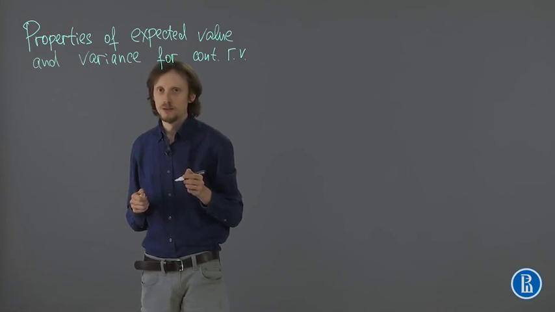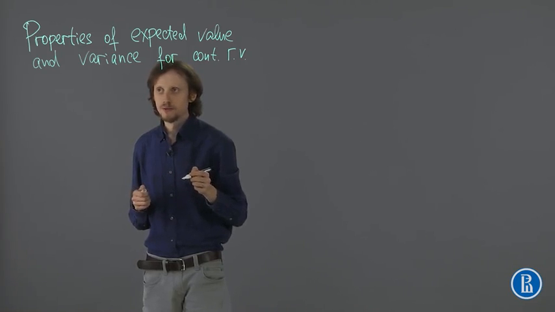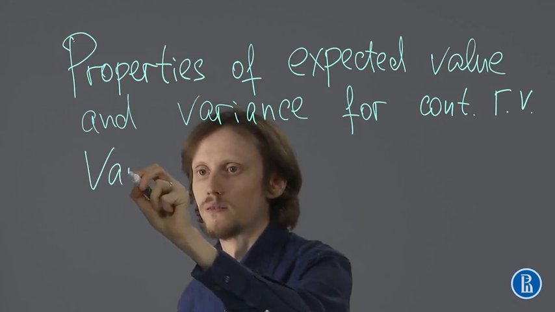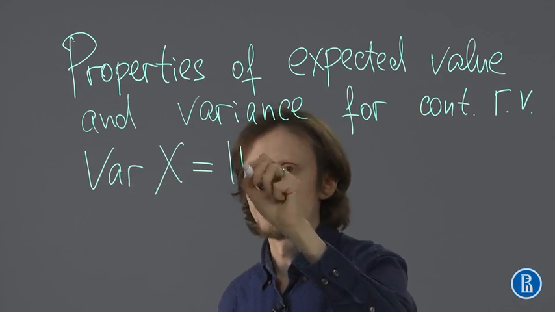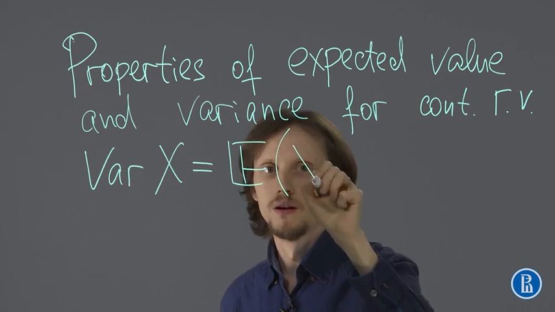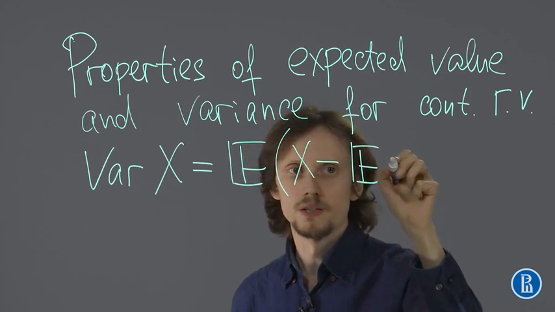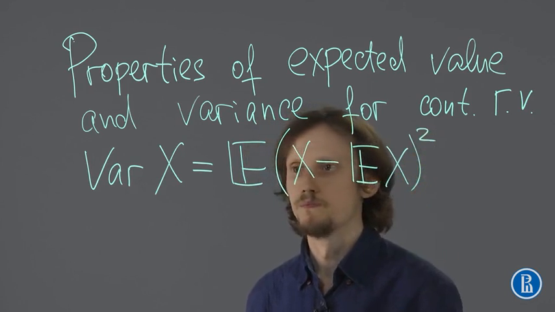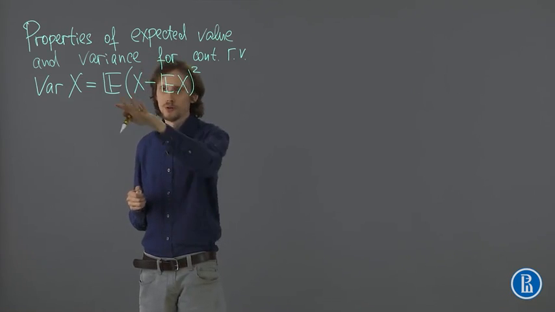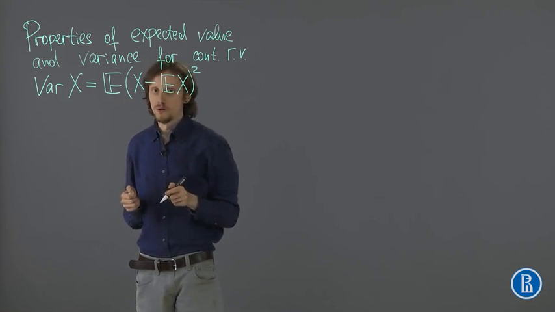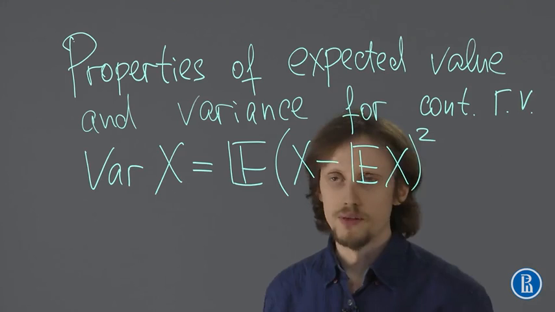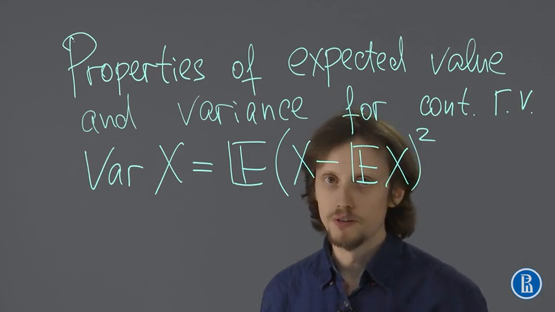In fact, the formula that defines variance for continuous random variable is exactly the same as for discrete random variables. Variance of x is expected value of x minus expected value of x, squared. Of course, if we know how to calculate expected value, then we can find expected value of this random variable as well.